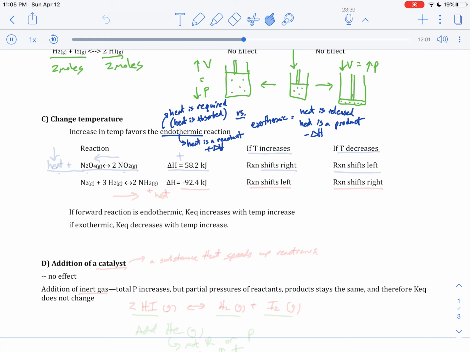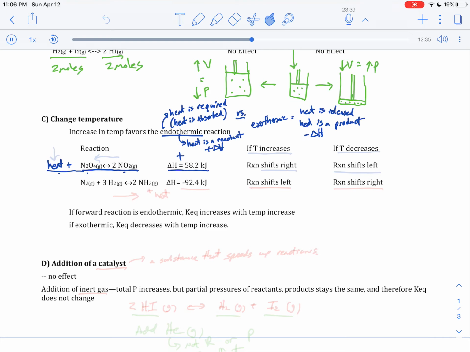Okay, so let's look at these examples. In the first reaction, N2O4 forms 2NO2. Here, the delta H value given is positive 58.2 kilojoules. Because it's positive, that tells me this reaction is endothermic, and the simplest way to visualize this is to write heat as a term on the reactant side: heat plus N2O4 forms NO2.